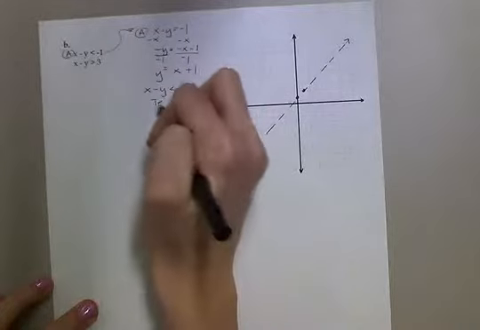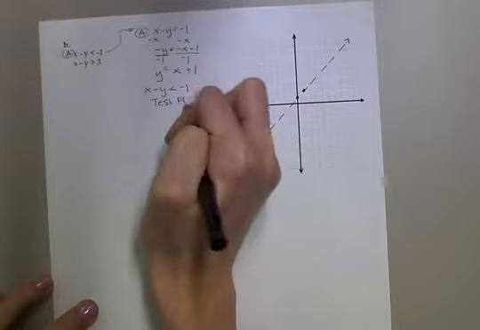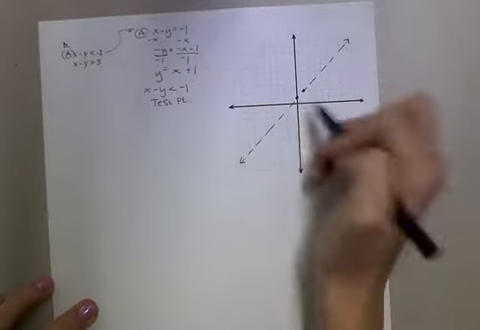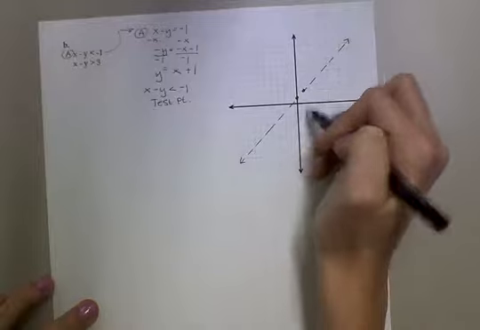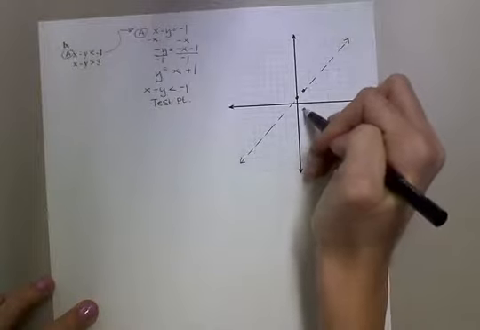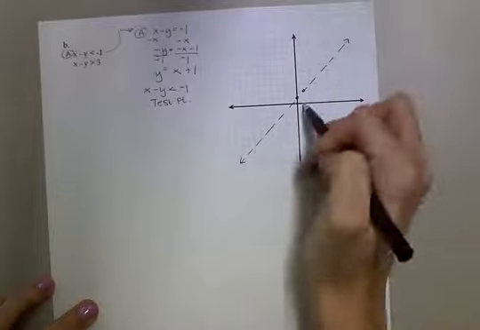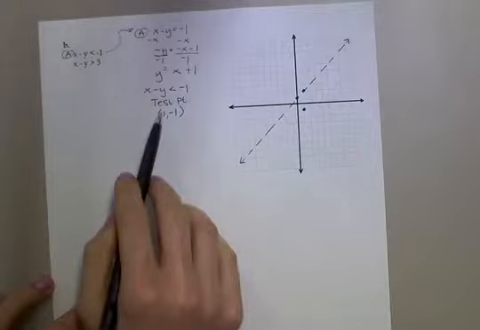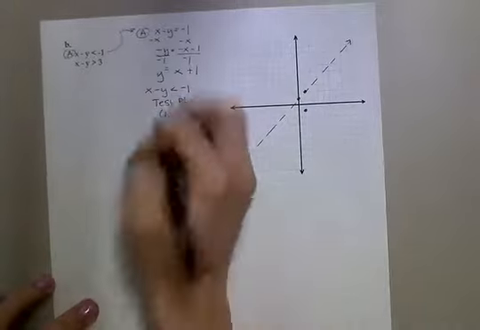And let's choose a test point. Now we could use the origin again, but I'm going to use a different point since we used the origin in our last example. Let's use this point right here as our test point, and that's the point 1, -1. So let's put our test point into our inequality.